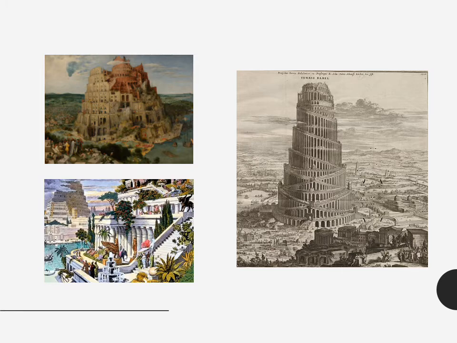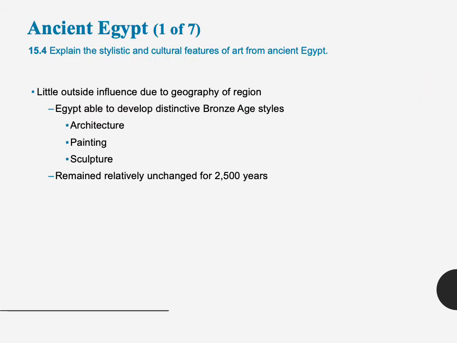So the next civilization that we see, which partly overlaps with Mesopotamia, is ancient Egypt. Egypt had the Nile, and the Nile was a very great source of water for them, and they could use it for agriculture.